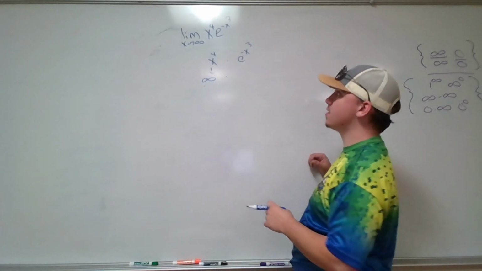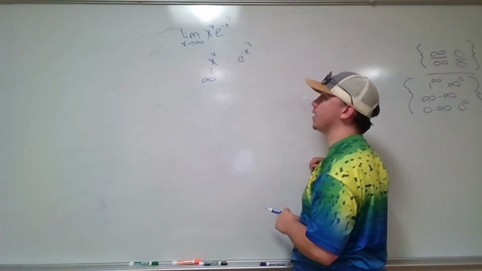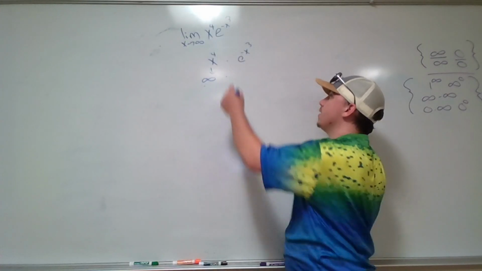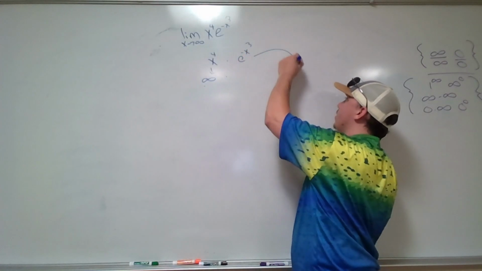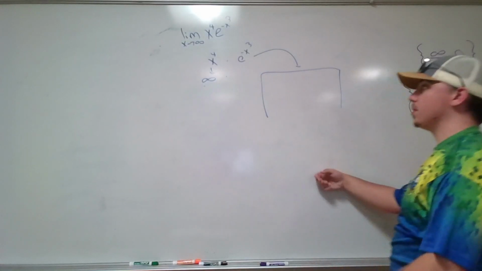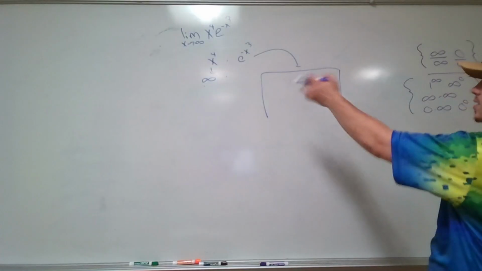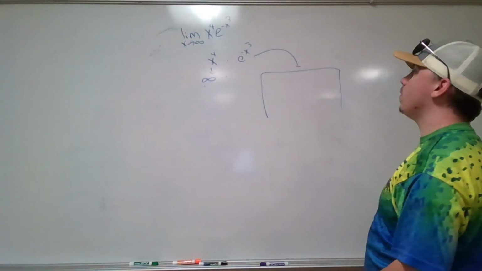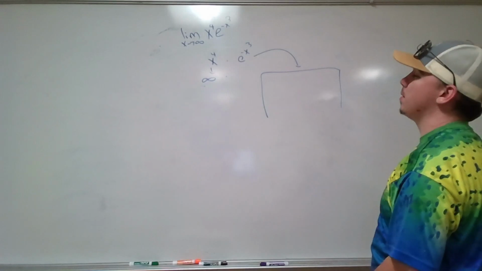In this case, we can't evaluate e to the power of negative x cubed by itself. We have to divide. So we're going to have like a miniature problem where we also apply the multiples rules to figure out what this relates to. Actually, we might be able to evaluate it by itself.